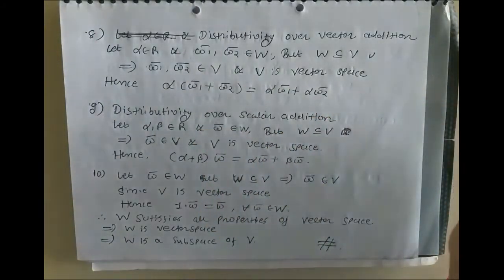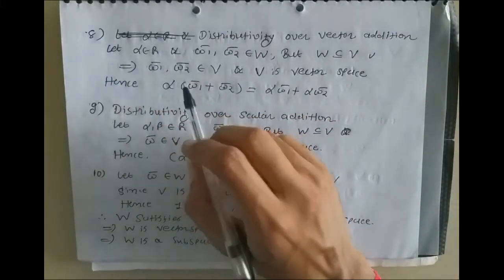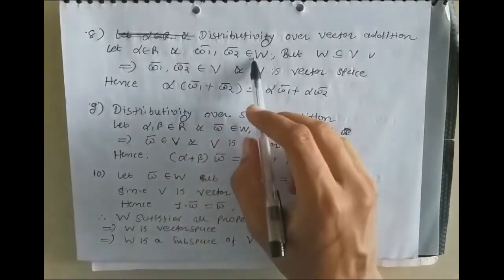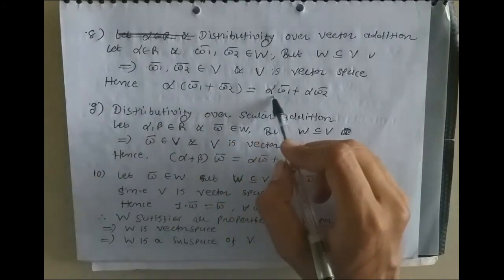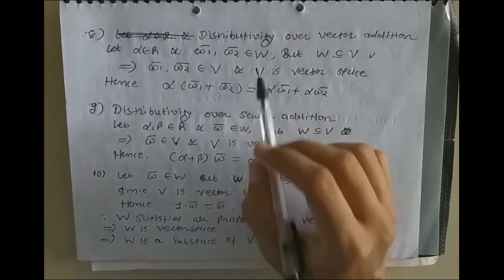So by the definition of vector space, these two vectors and alpha belongs to R satisfy the distributivity over vector addition. So here in case of W, we get alpha times W1 bar plus W2 bar is equal to alpha W1 bar plus alpha W2 bar.